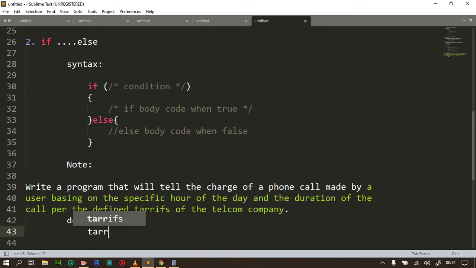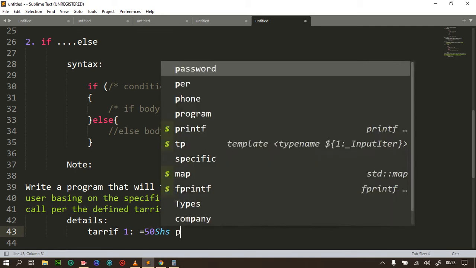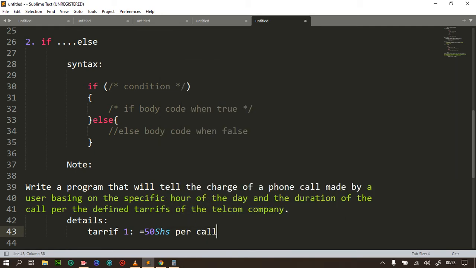So we have what we call tariff 1, and our tariff 1 is going to be 50 shillings per call. That is going to be 50 shillings per, what should we take, per second. I'm trying to brainstorm.